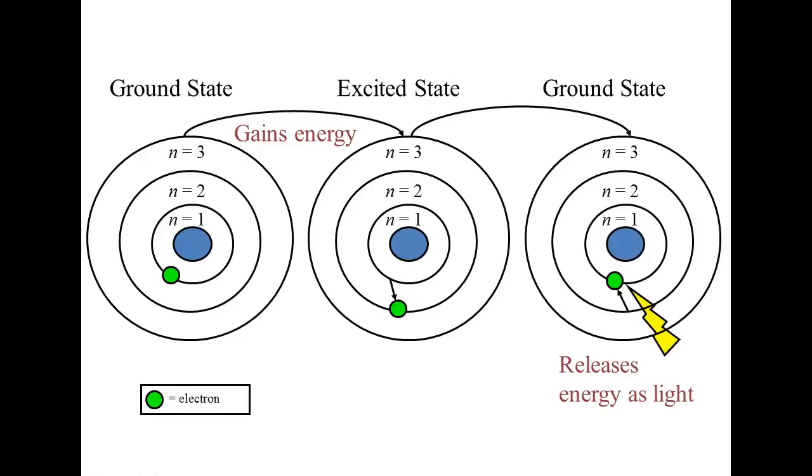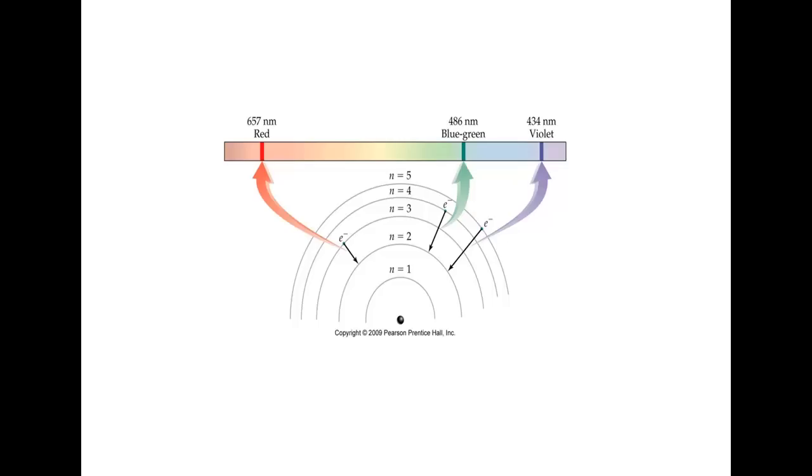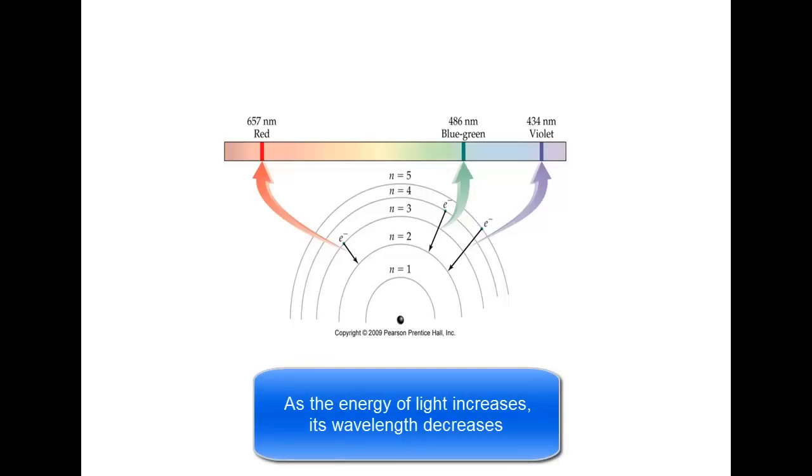Now that energy is represented in the spectrum because each difference between energy levels has its own unique amount of energy associated. So when we look at the jump between n equals 3 and n equals 2, we see that it gives us a red line at 657 nanometers. If you recall, energy and wavelength are inversely related, so a higher wavelength means a lower amount of energy.